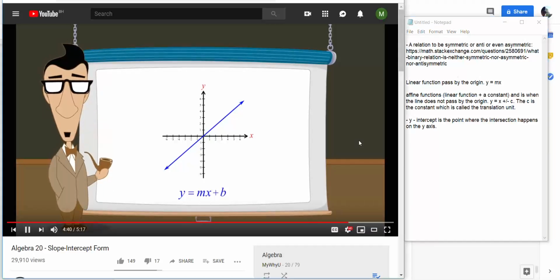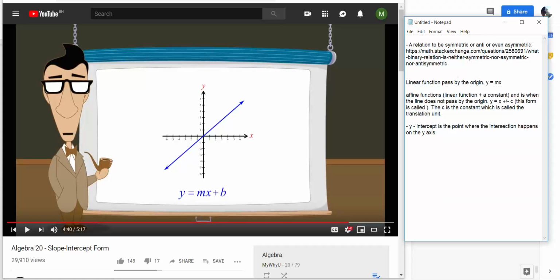By adjusting the values of the constants m and b, we can orient the line in any way that we like.